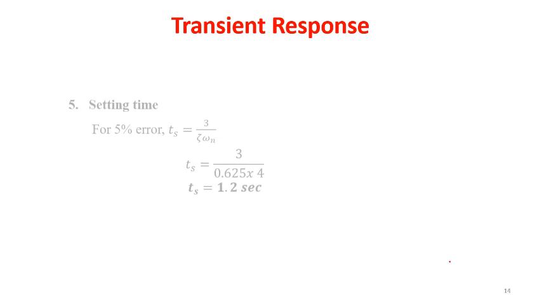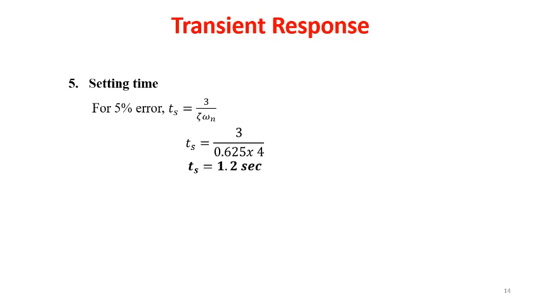Next, they ask about the settling time. If they have not mentioned what percentage error, we can assume a 5% error. Assuming a 5% error, we have Ts is equal to 3 divided by zeta into omega n. Hence Ts is equal to 3 divided by 0.625 into 4. The settling time for this type of system is 1.2 seconds.